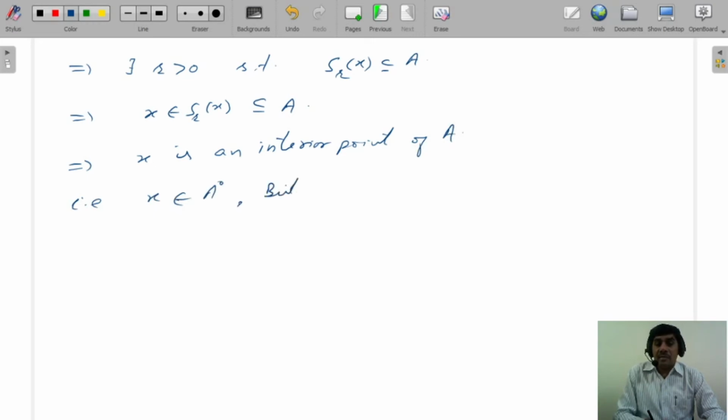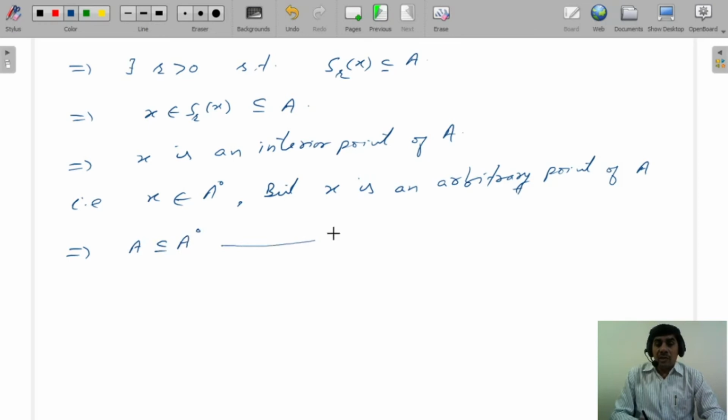but x is an arbitrary point of A. This implies A is contained in A interior. Equation number 2.